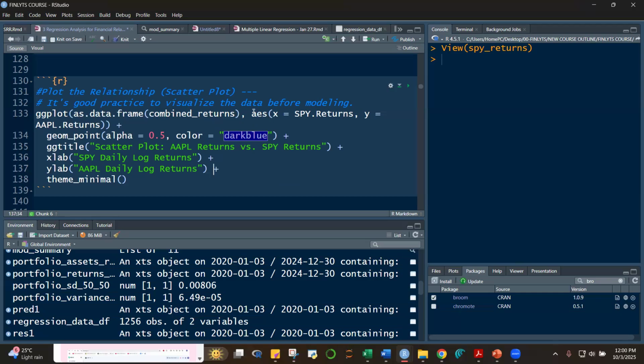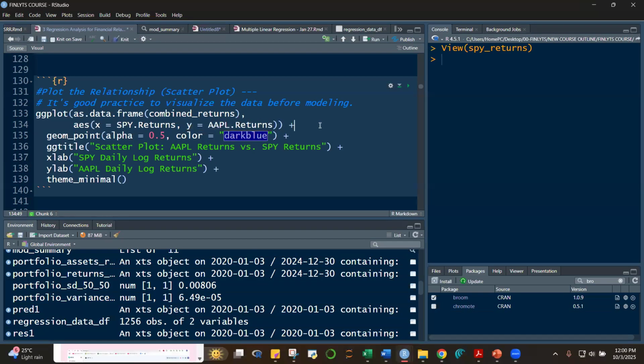This is the layer for the mapping of the y and the x axis. We're saying here aesthetics, short AES, that what will be plotted on the x-axis is SPY returns. What will be plotted on the y-axis will be the Apple returns.